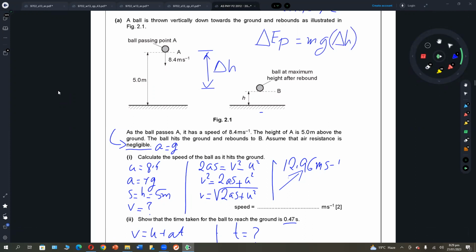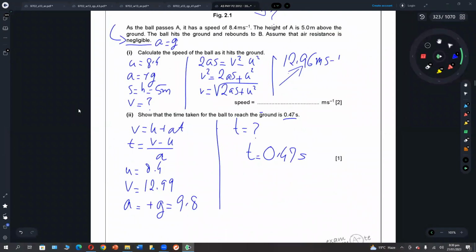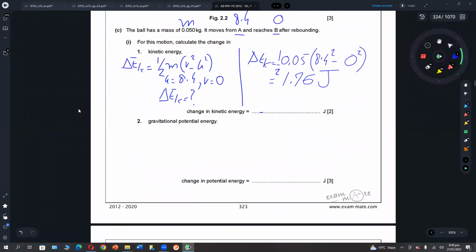अब ये जो हाइट है, ये वाली हाइट निकालते हैं, और ये हाइट अगर निकल जाए ना, तो फिर उसको 5 में से माइनस कर देंगे तो डेल्टा एच आ जाएगा. अब ये हाइट कैसे निकलेगी? हमारे पास डेटा जो है वो यहां से बना लेते हैं कि ये बॉल यहां से रिबाउंड कर रही है, and after rebound it goes up to the height h.